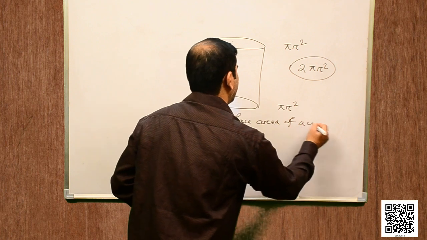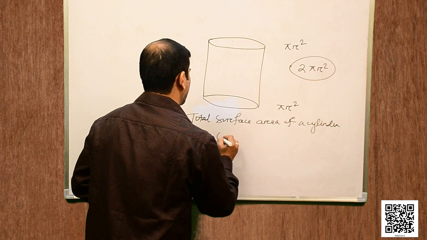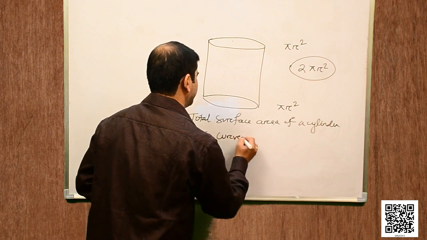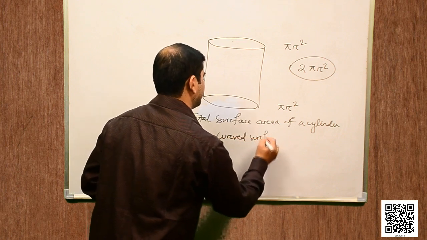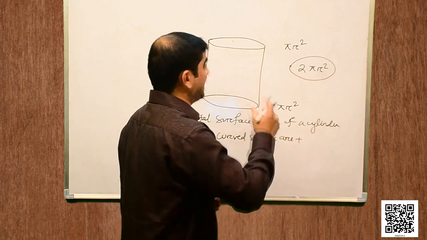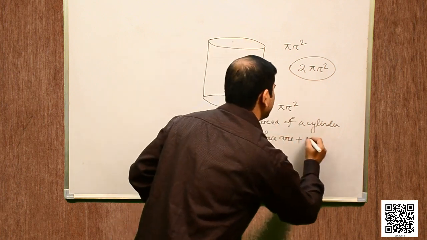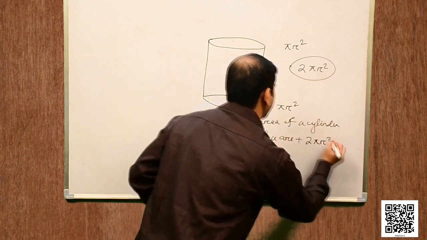of a cylinder is equal to curved surface area plus surface areas of top and bottom, that is 2 pi r square.